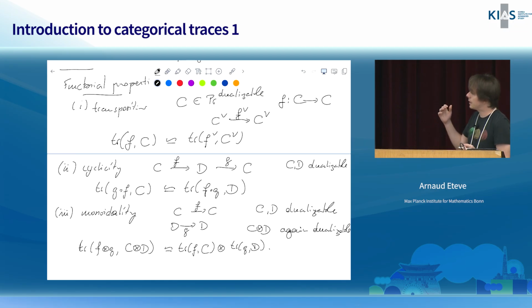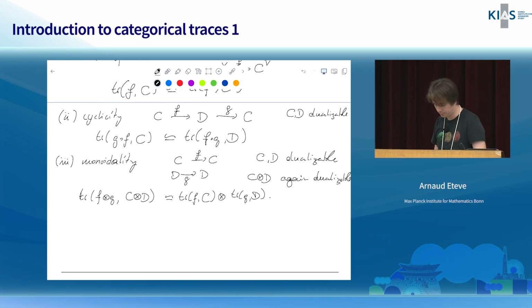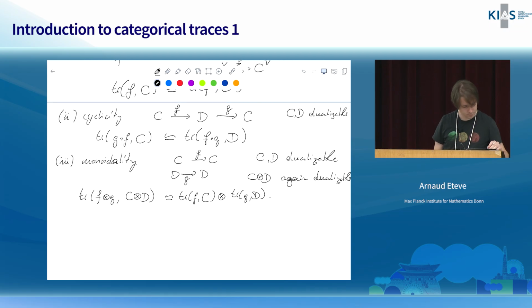And it comes from this fact that, before we were taking traces on vector spaces and we got out scalars, and there are no maps between scalars. But if you go up one categorical level, there are non-trivial maps between vector spaces. So the fourth one is the functoriality.